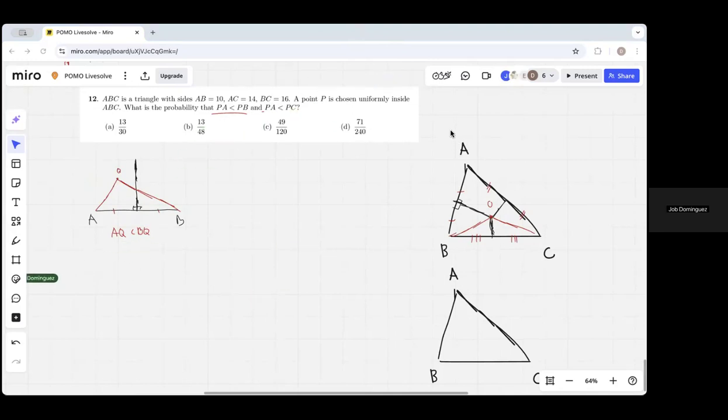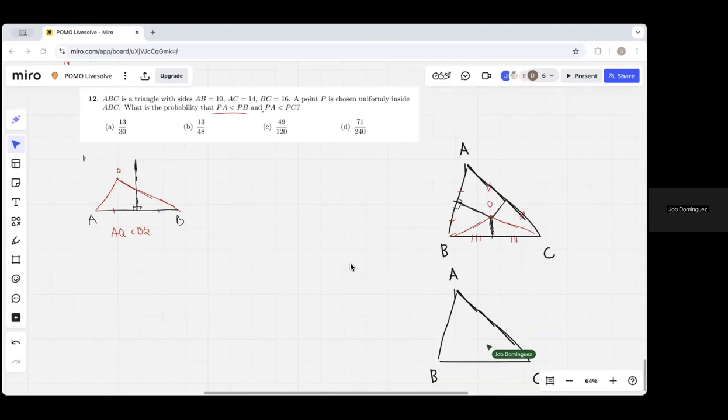So again, there are two things we have to use here: the definition of the perpendicular bisector and the figure of the circumcenter. Now let's try to draw.